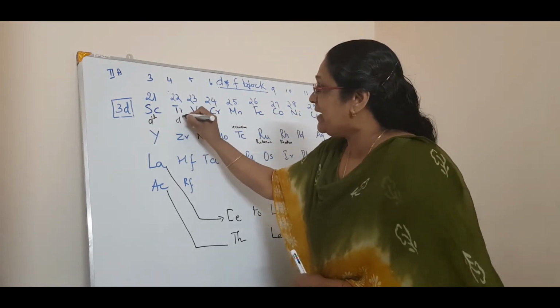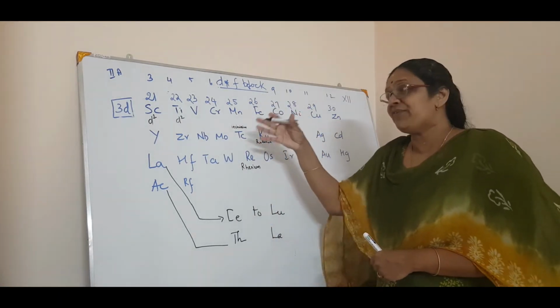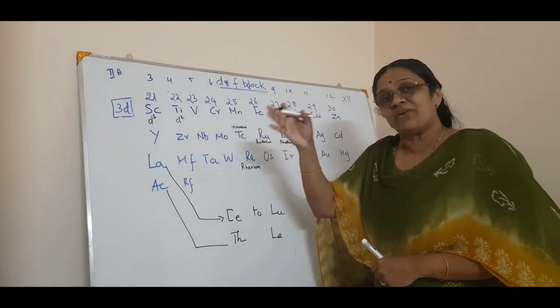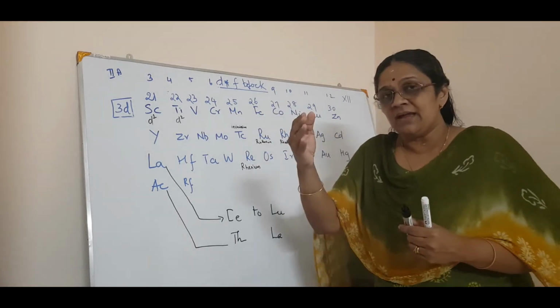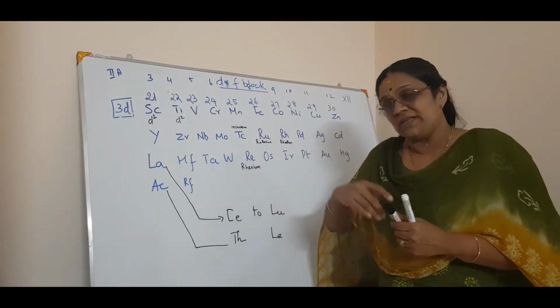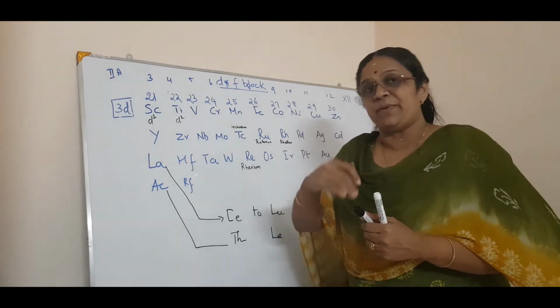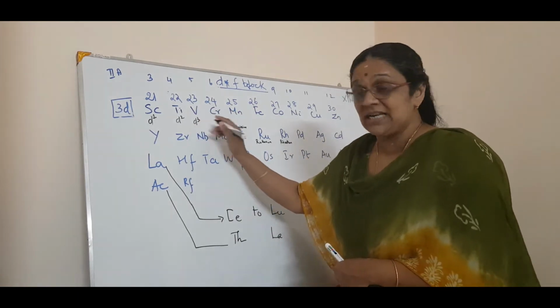Then titanium will be d2, because for every element, or if I say metal, 1 electron is added, isn't it, in the d orbital. And you know the orbitals are s, p and d. That is the penultimate shell is the d orbital. So each electron is getting into the penultimate shell, right? So vanadium will be d3 configuration because of the third electron.